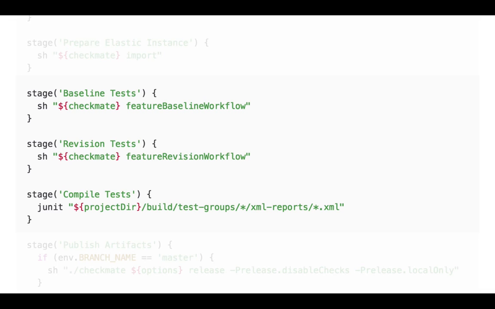So what we're doing here is telling Jenkins where to go find those regression test result files. It'll both be for the baseline and the revision. And so at this stage, Jenkins is aware of which regression tests have failed, which have been successful, and it will actually pause the build at this point if we have failed regression tests.